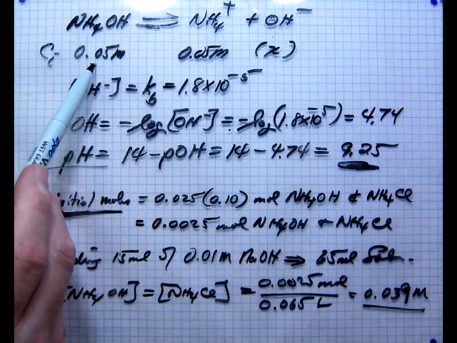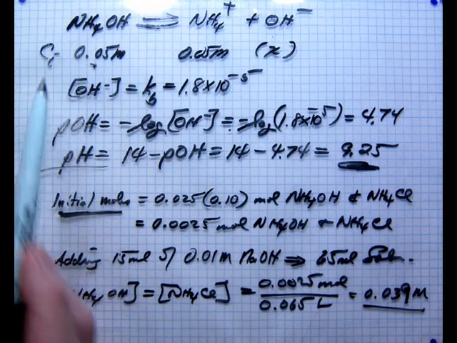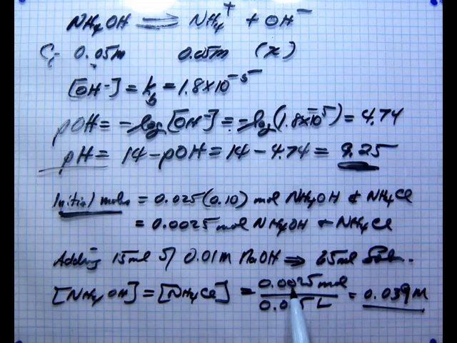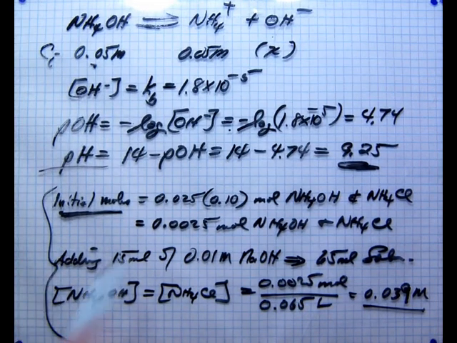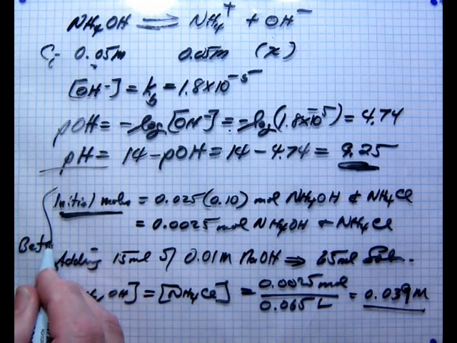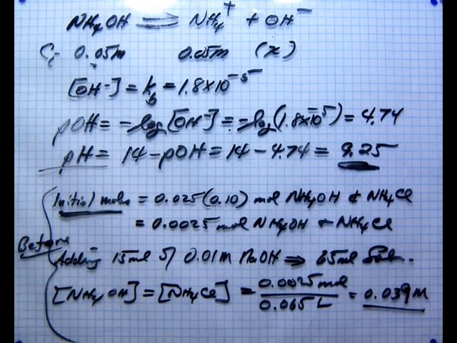So this 0.05 is going to be diluted by the addition of 15 mils of the contaminant, the OH that we're throwing in there. Yes? And when we take that into account, we're now at 65 milliliters. We have to calculate the moles that we start with. Now this is before the interaction. This is the new before issue.